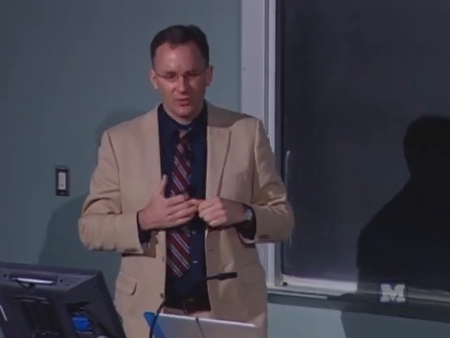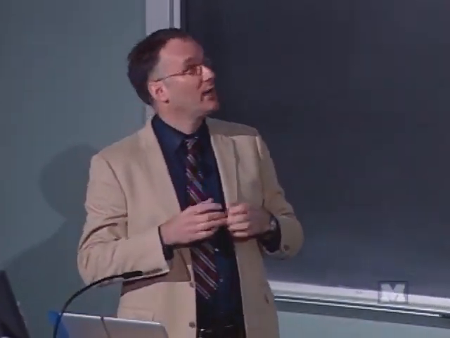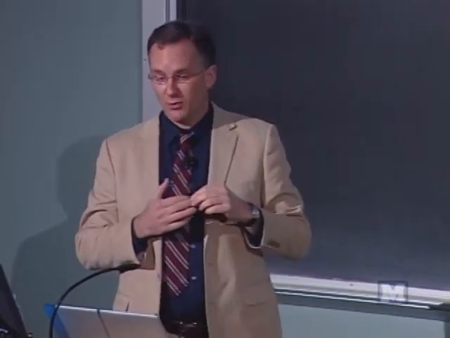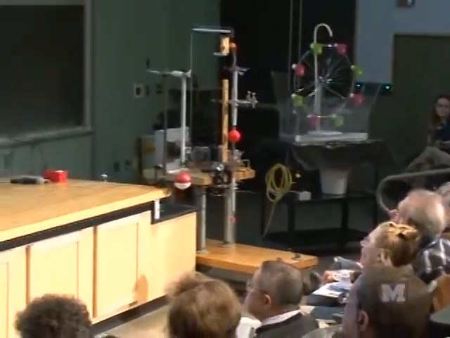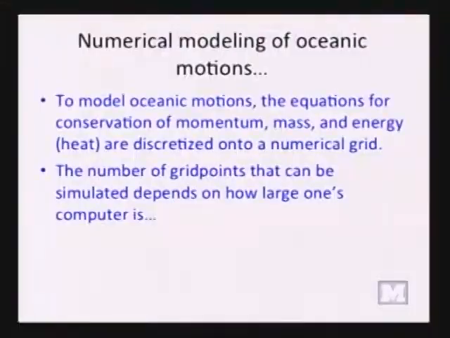If you want to use a big computer to model flows in the ocean, you have to take the equations for conservation of momentum, mass, and heat, and discretize them on a numerical grid. For instance, the Navy folks that I work with are running right now the biggest ocean model in the world, the biggest global oceanic model.